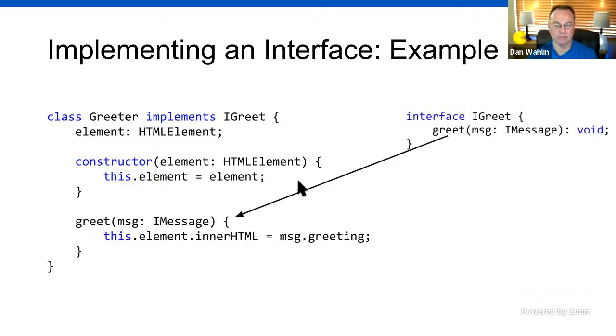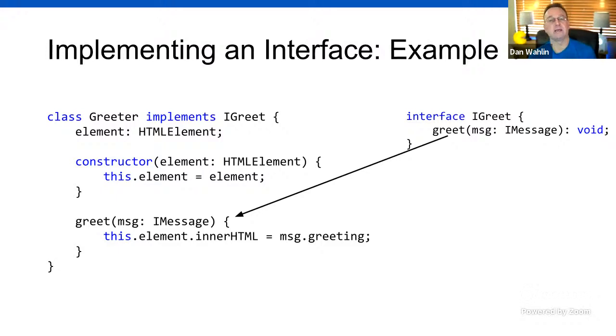Now let's review this. So there's the iGreet that you saw in the previous slide. It has a greet function. If a class implements an interface, and this is a TypeScript keyword, and keep in mind, I know some of you use classes, some of you don't. So if, for instance, you're using React, you may use classes because that's an option. But if you're using React hooks, you're not.